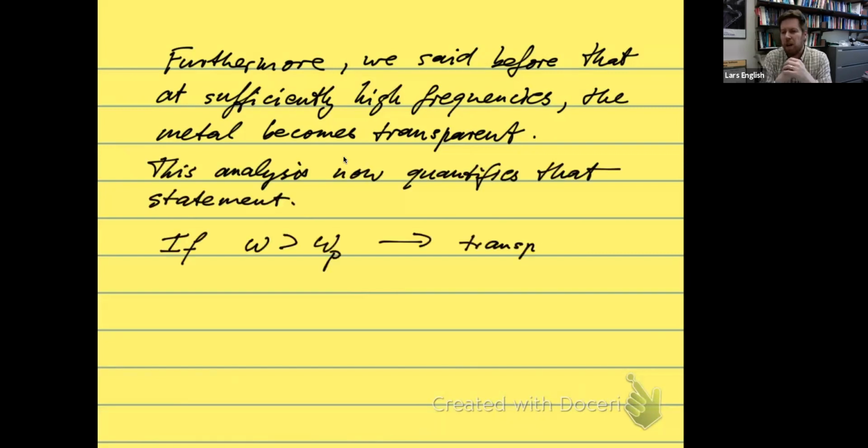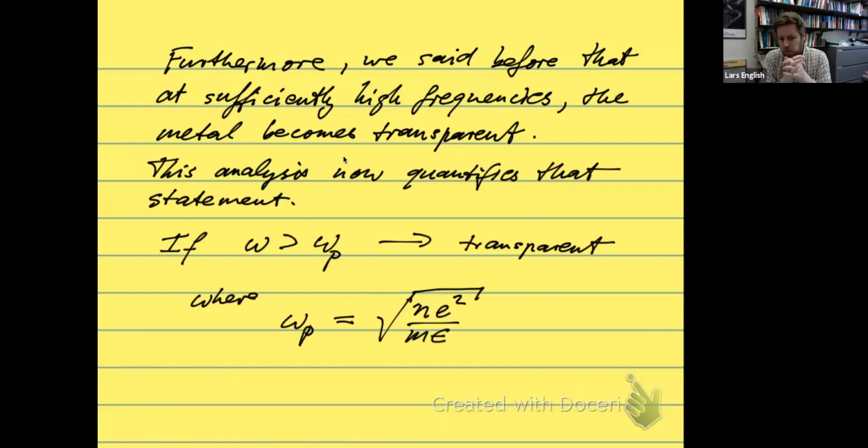Well, it must have to do with the fact that the imaginary part in that formula, in that wave equation, that was responsible for the attenuation goes away, right? So the imaginary part in what we'll call epsilon goes away at high frequencies.